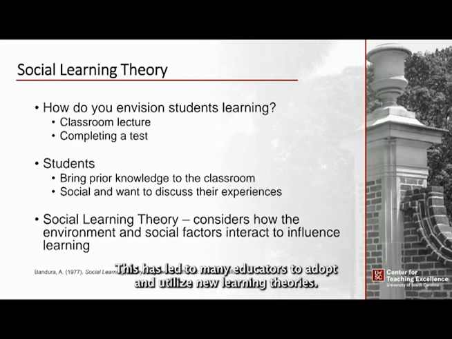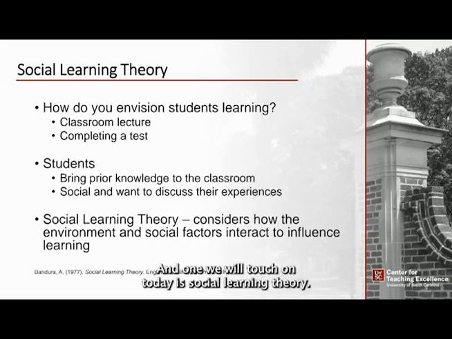This has led many educators to adopt and utilize new learning theories, and one we will touch on today is social learning theory. I will not go into too much detail about social learning theory, but the main point is that it considers how the environment and the social factors interact to influence learning.